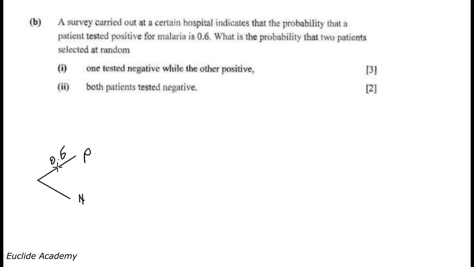For a negative test, the probability will be 1 minus 0.6, which gives us 0.4. So probability of positive, probability of negative.